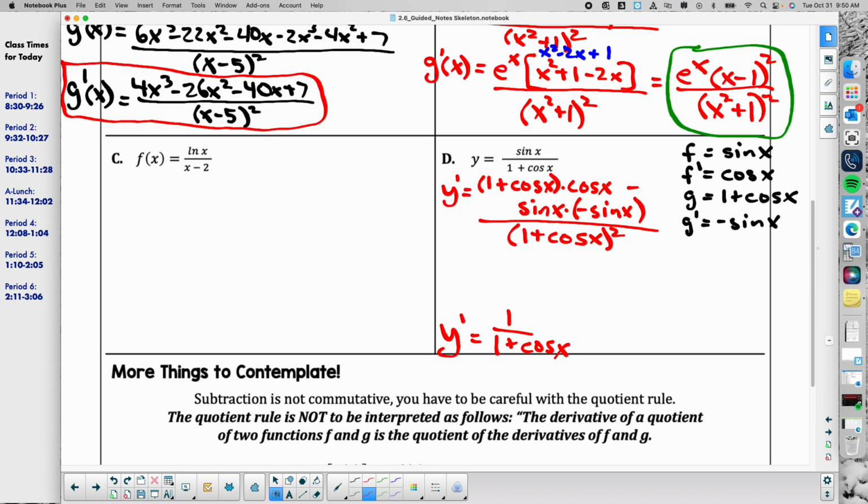The next line should read cosine plus cosine squared, because cosine times 1, cosine times cosine. And then negative sine squared, but being subtracted, would be plus sine squared.